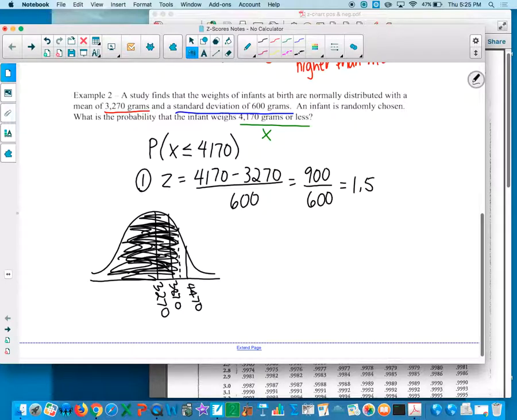Okay, it's a little challenging for me to shade on the smartboard, but you get the idea. You could probably do a better job of shading it in there. So we're going to use the table to find our probability.